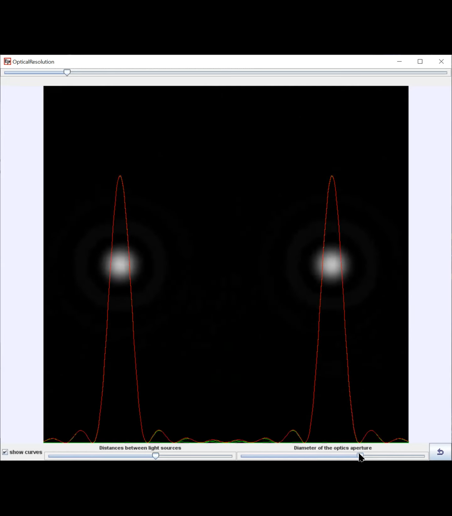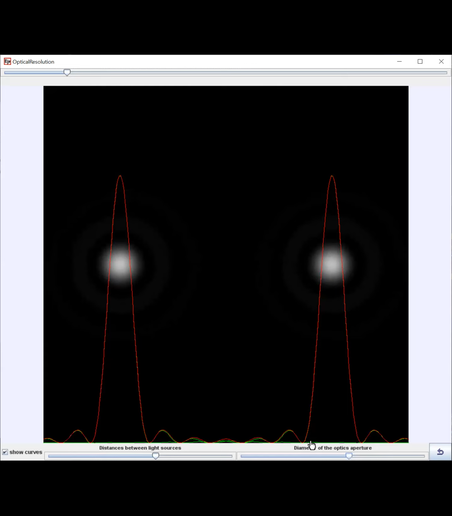Now they're pretty much nicely separated, but the angular separation between the center of this and the first minimum, when you're looking at this, you'll be able to measure some sort of an angle there. And that's where that 1.22 lambda divided by d comes from.